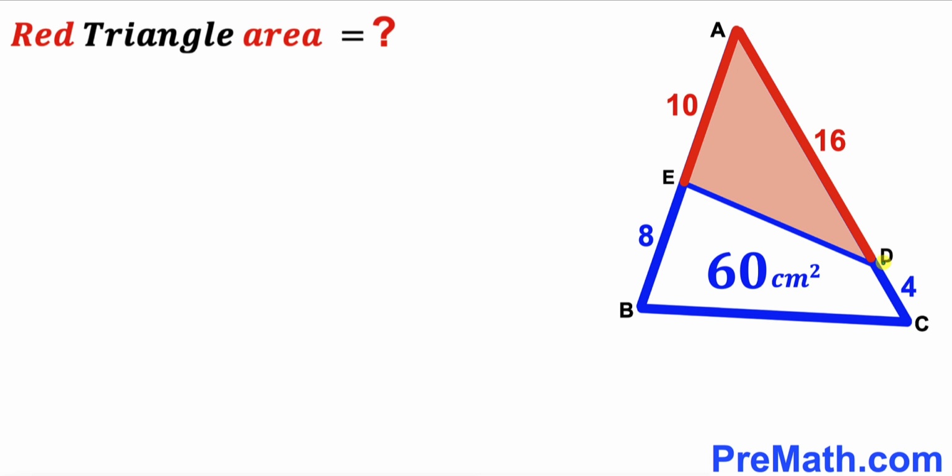And finally, this tiny segment CD length is 4 centimeters. Moreover, the area of this blue quadrilateral has been given to us as 60 square centimeters. Our task is to calculate the area of this red shaded triangle ADE.